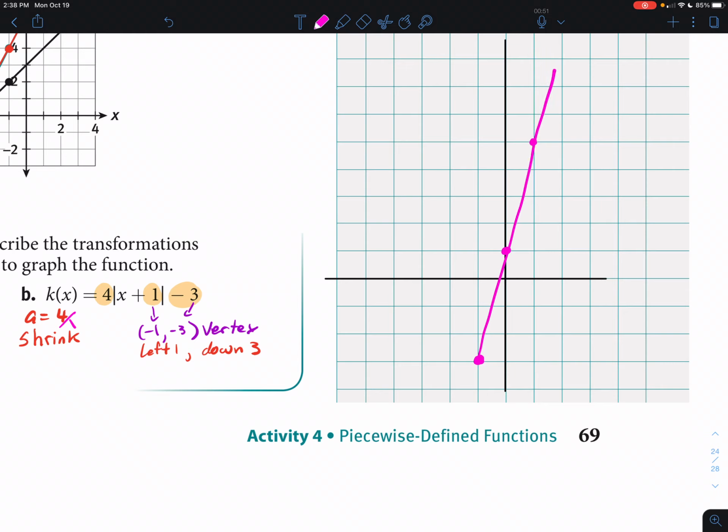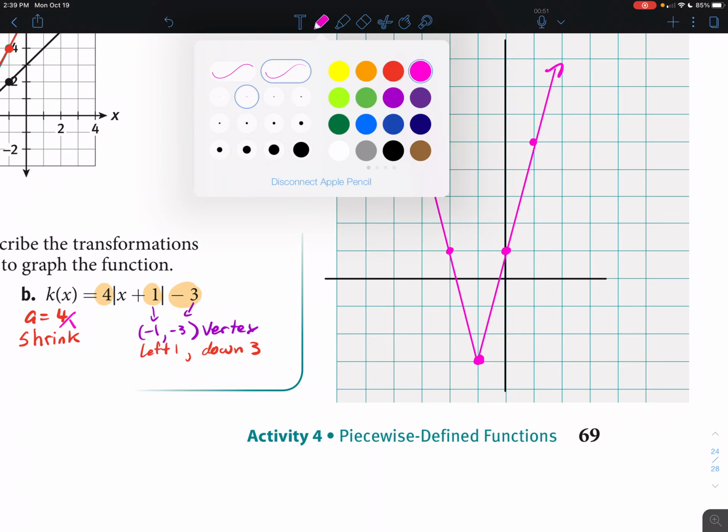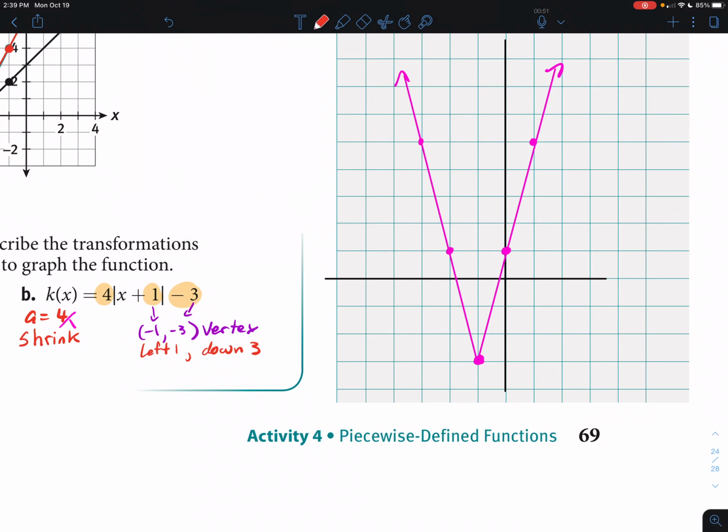That's the right side of our graph. And then up 4, left 1, up 4, left 1. Remember, it should be symmetric. It should still make a V. So starting from the origin, it went left 1, down 3, and then we have a shrink of 4.